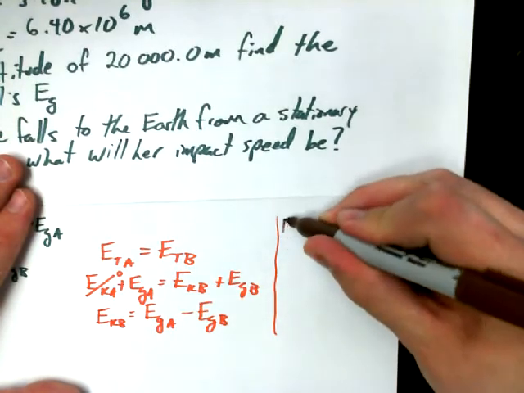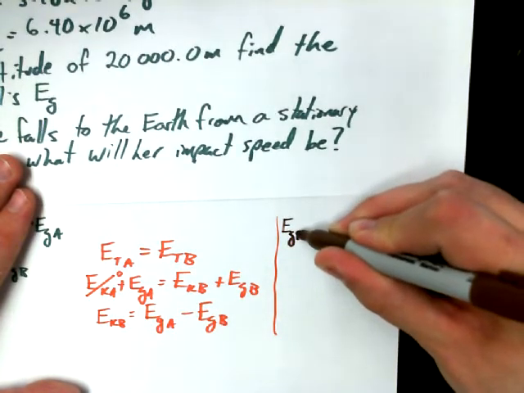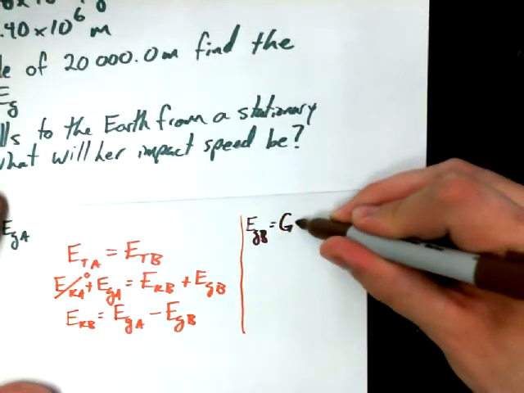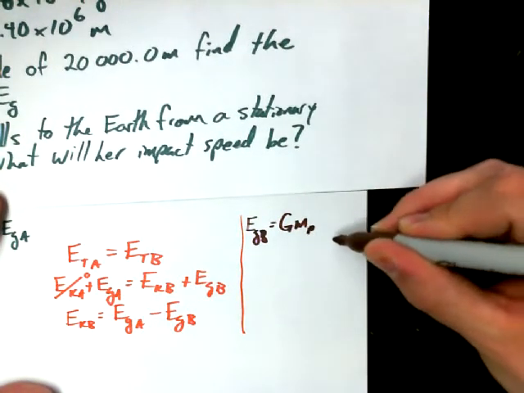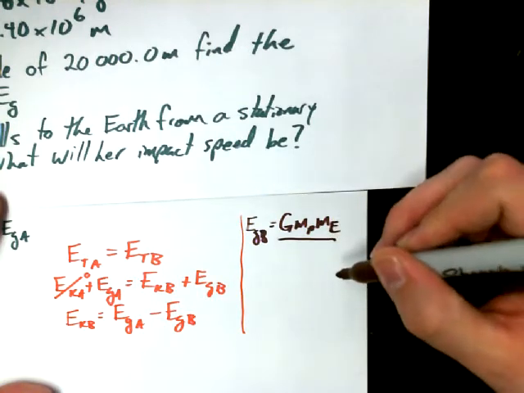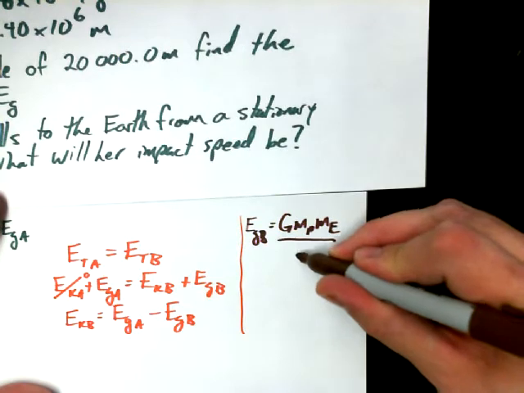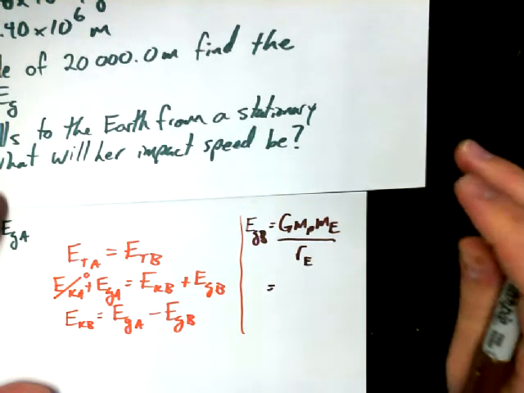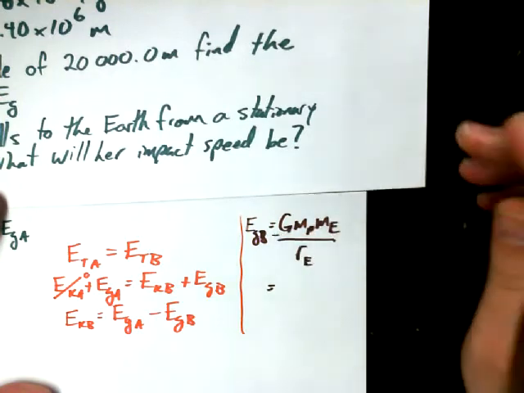But now we have to calculate EGB, which will be G times the mass of the person times the mass of the Earth, divided by, now it's not the radius of the Earth plus the altitude, now it's just the radius of the Earth. Isn't it negative? Oh, and negative, I'm so sorry, yes.